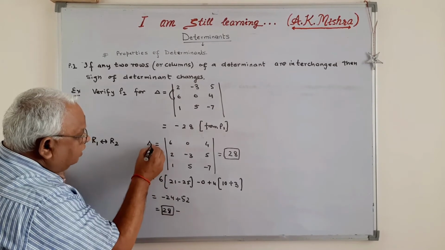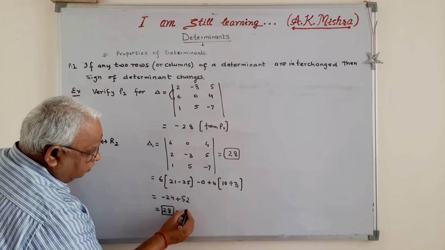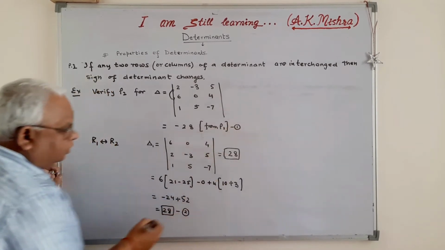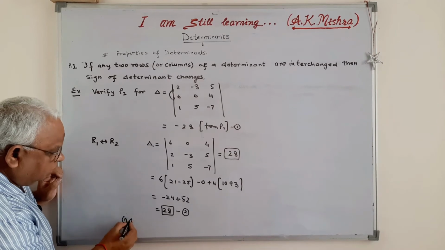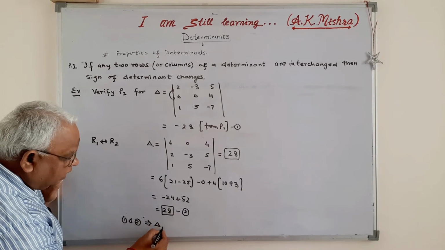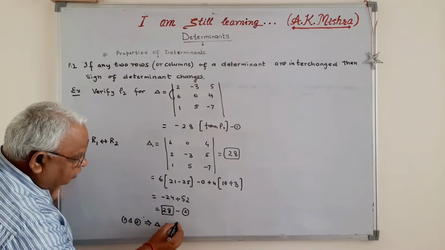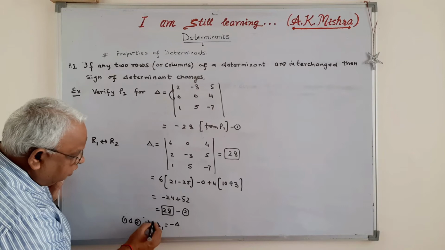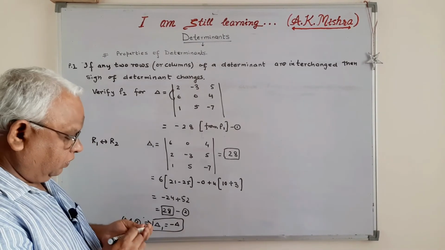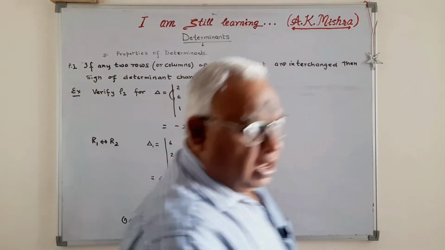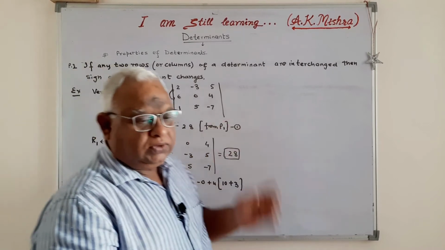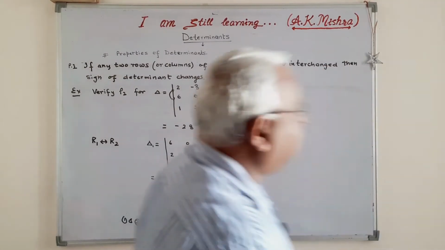You can call it delta 1. So you can write it as 2 and this as 1. So 1 and 2 imply delta 1 is minus of delta. This is what the property says. I hope you have understood everything. If you have not, you can revise it again and understand.